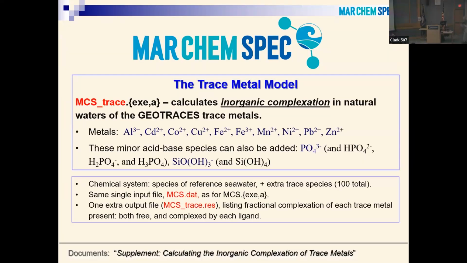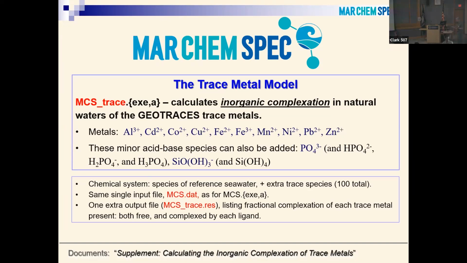Okay, everybody. The last bit of presentation on the standalone models covers the calculation of inorganic complexation of a series of GEOTRACES trace metals, which are listed along here. 10 metals, plus, if you wish to add them, the minor species phosphate and the three related silicate species.